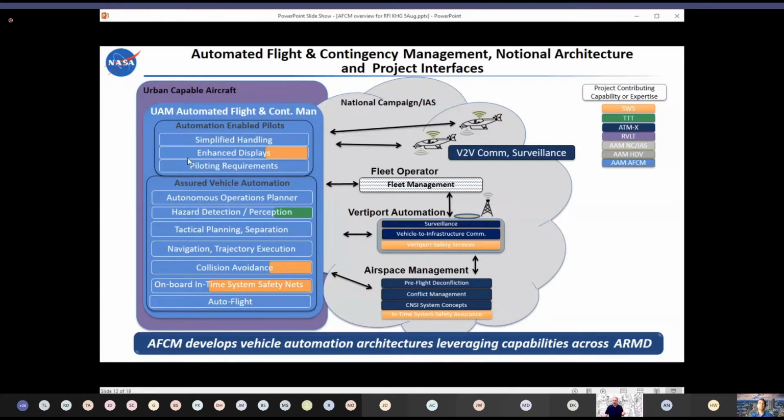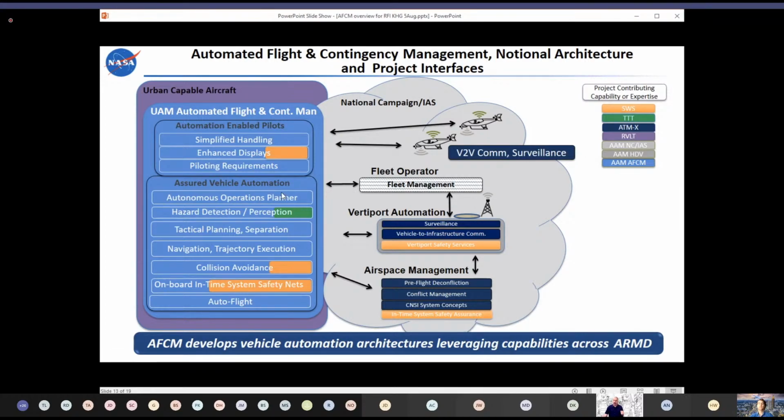That is combined with enhanced displays and interfaces to the broader automation system, as well as looking at the impact that these automation additions have on the pilot requirements or qualifications.